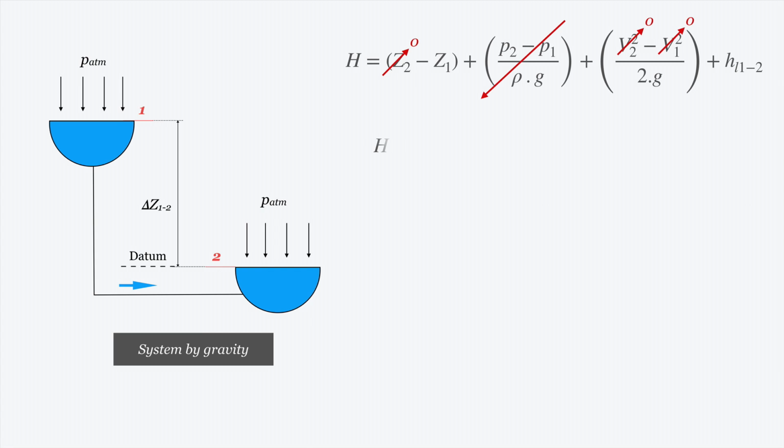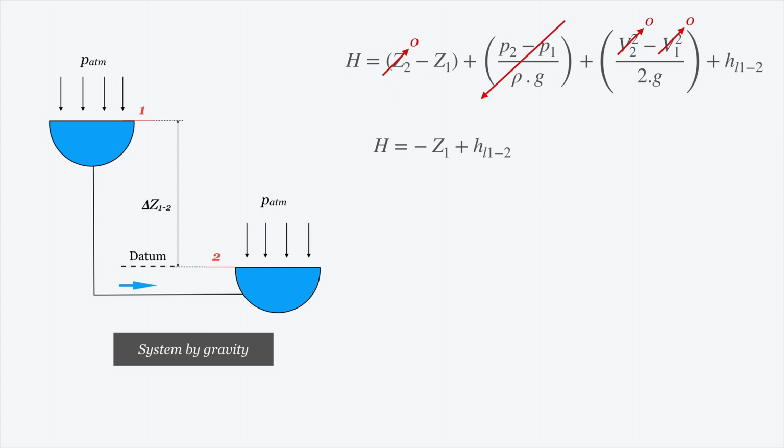So the equation that results from this is the one that we are seeing. The energy required by the system to convey the fluid from point 1 to point 2 by gravity is equal to minus Z1. We have a negative geometric head.